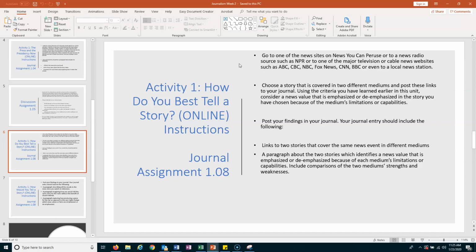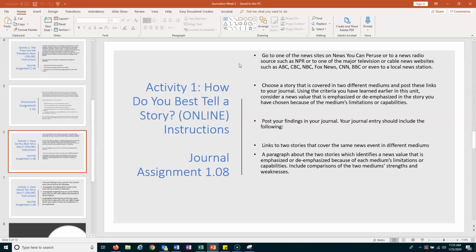Using the criteria you have learned earlier in the unit, make sure you have read 1.07 and everything before that. You are going to consider a news value that is emphasized or de-emphasized in the story you choose because of the medium's limitations or capabilities.